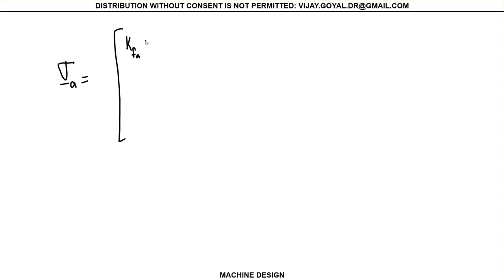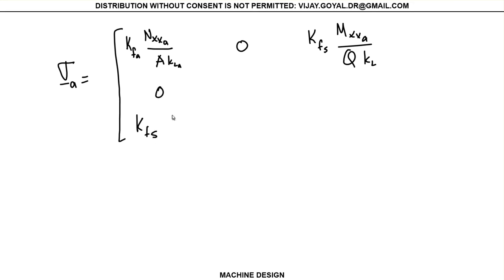And then this would be NXX alternate divided by area and divided by your load factor, KLA. We don't have any other additional loads. And we also have KFS, MXX alternate divided by your big Q, and this is divided by KLS. And this is a symmetric matrix. So you have the following.